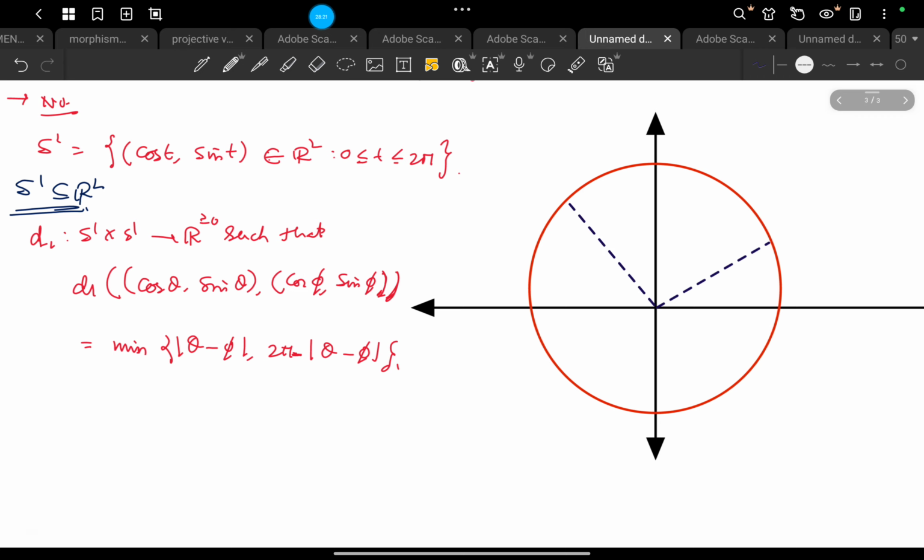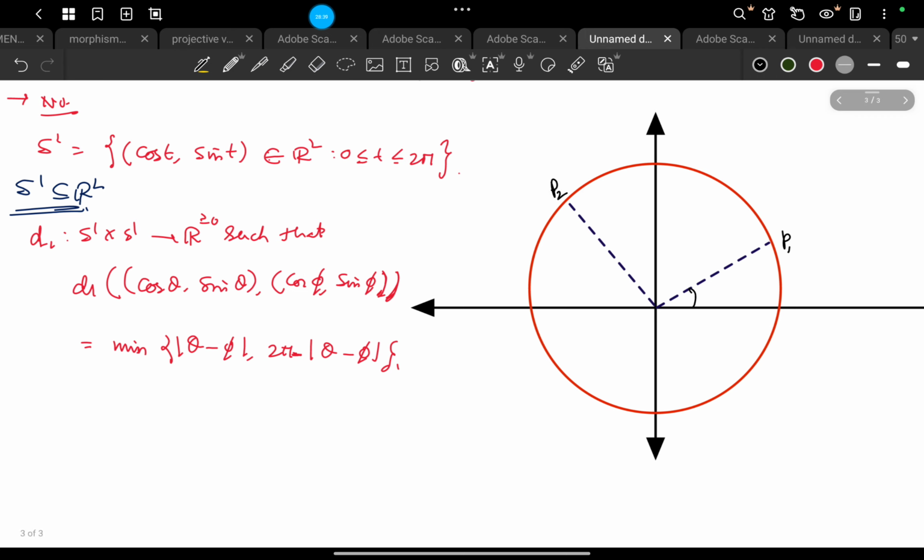So let's say here is my point P1, here is my point P2.